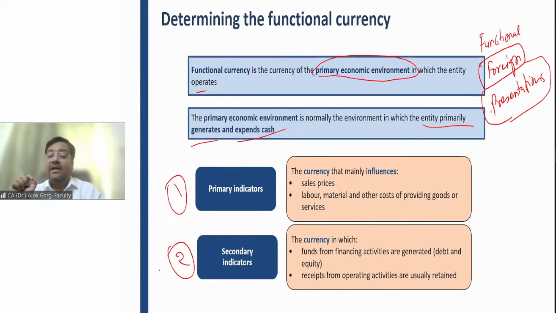It says the currency which mainly influences sales prices or labor, material, and other cost of providing goods or services. For example, iPhone. If US increases the price of iPhone, probably the price of iPhone will increase all across the world, right?